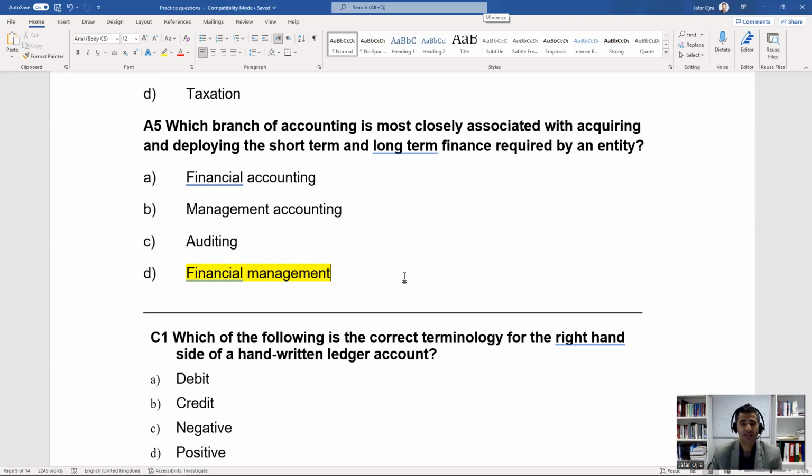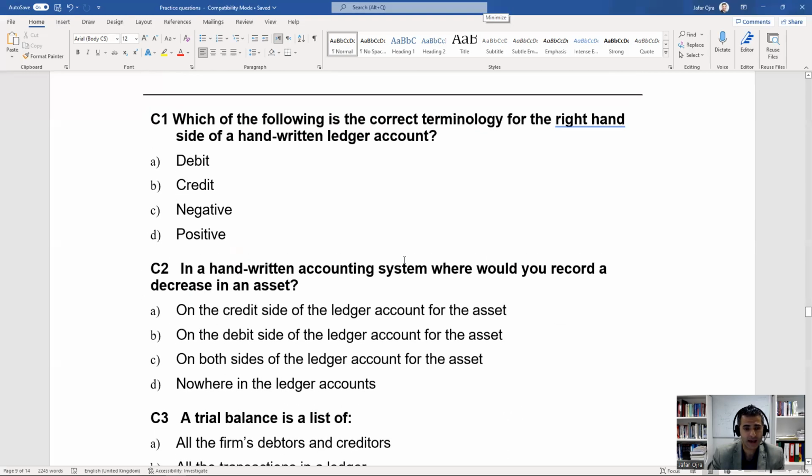So capital can be raised through debt, by bank loans, or through share capital, by issuing shares on the market. That's mainly how to finance and raise capital. So the answer for A5 is D, financial management.